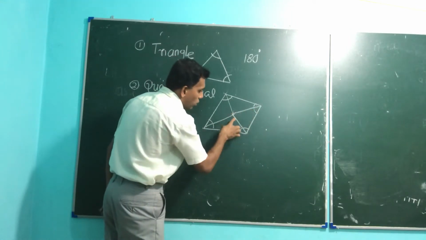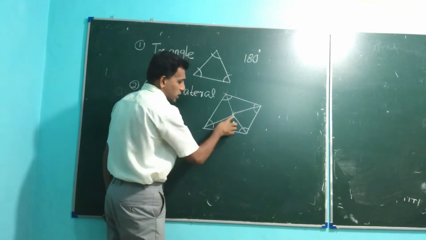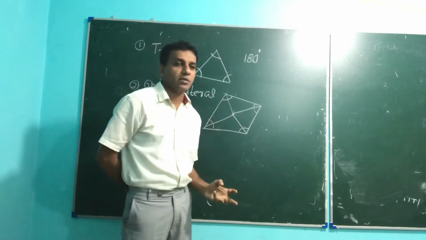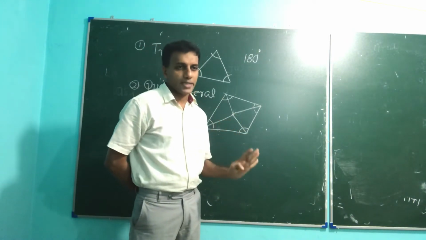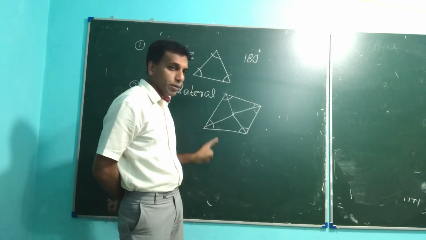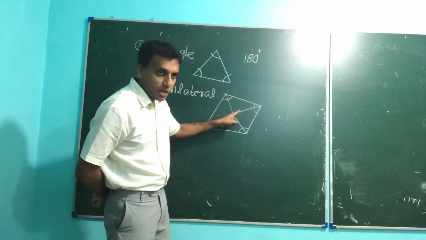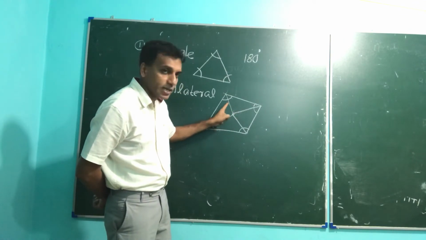Here take all, another triangle addition. Therefore the 4 triangle addition is not the answer for this whole figure, because here the middle part, this angle, is not necessary.